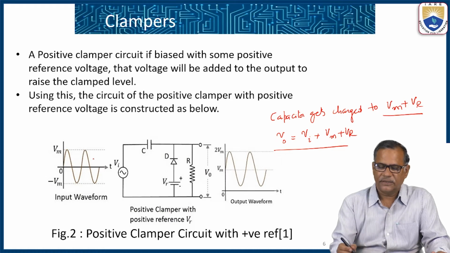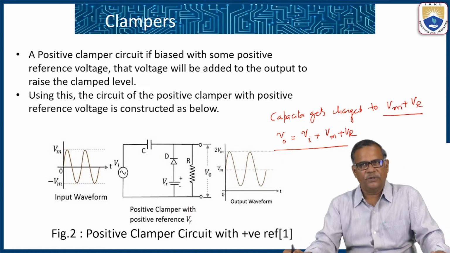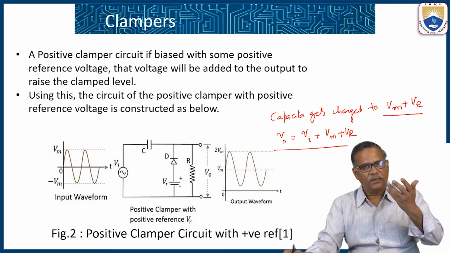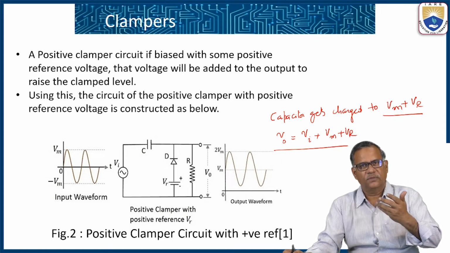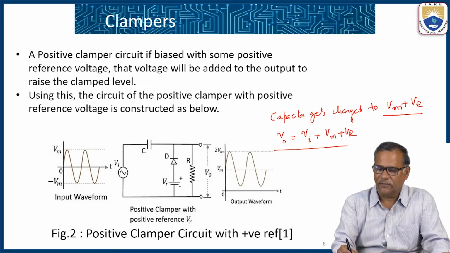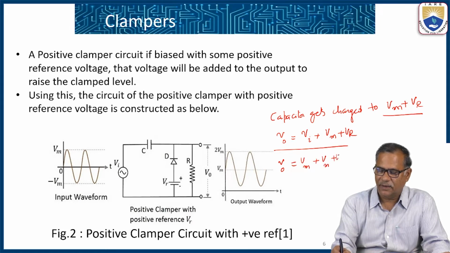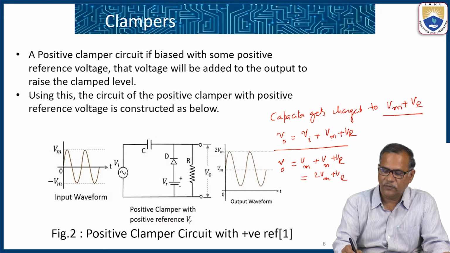You get the proportional output accordingly. During the subsequent positive cycle, when the voltage is at plus Vm, the output voltage V0 is equal to Vm plus Vm plus Vr, so it becomes 2Vm plus Vr. So this peak voltage is going to be 2Vm plus Vr.